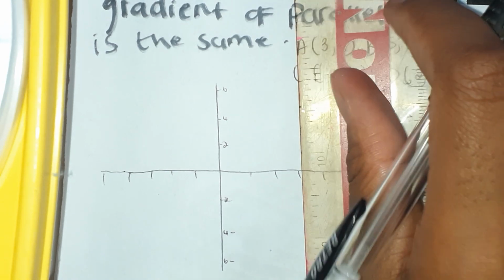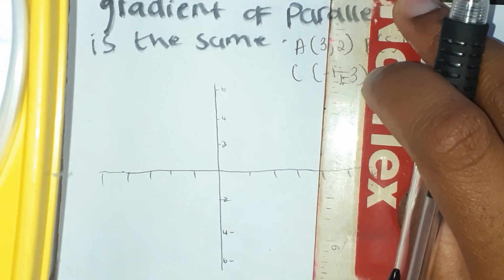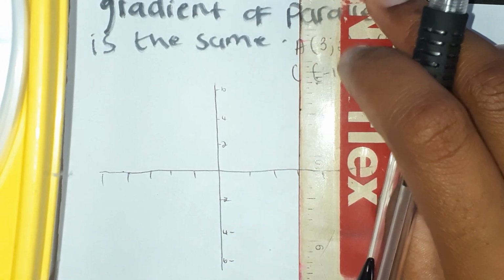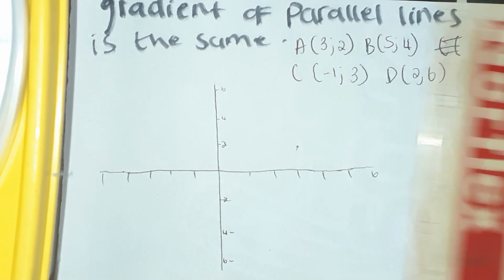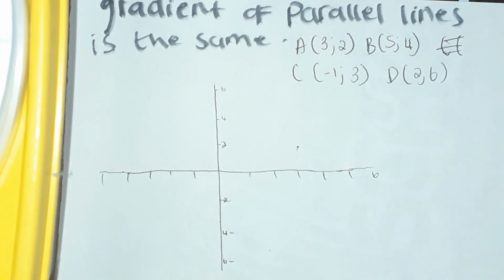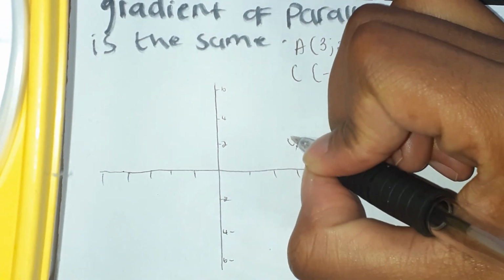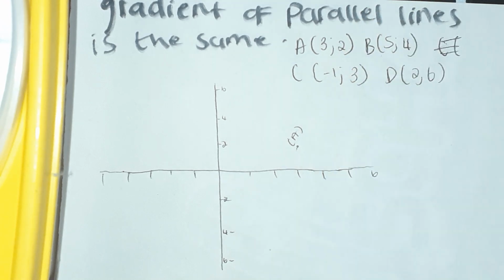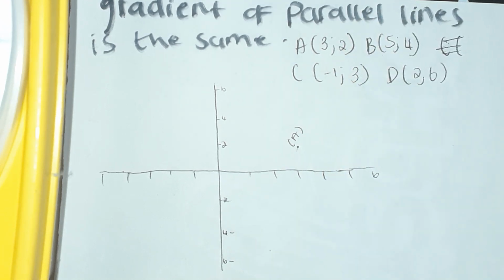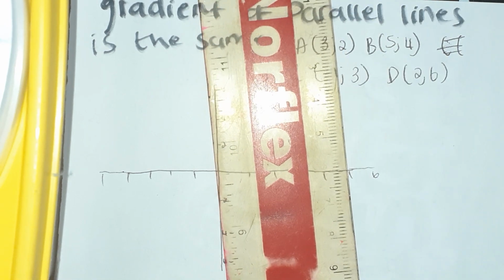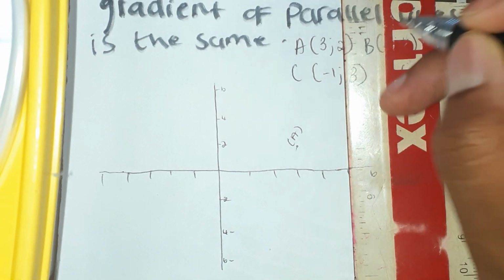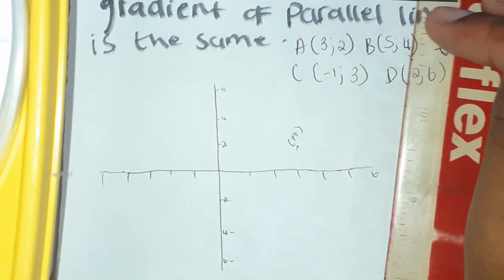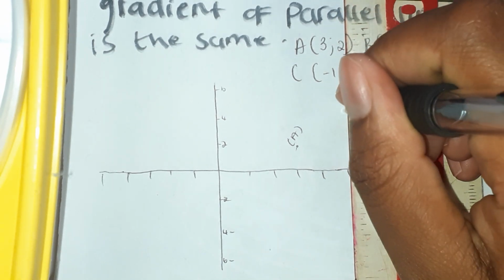Now for A, when x is positive 3, y is 2. And then for B, when x is 5 somewhere here, then y is 4.